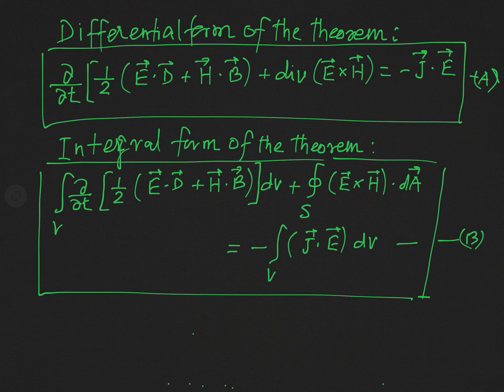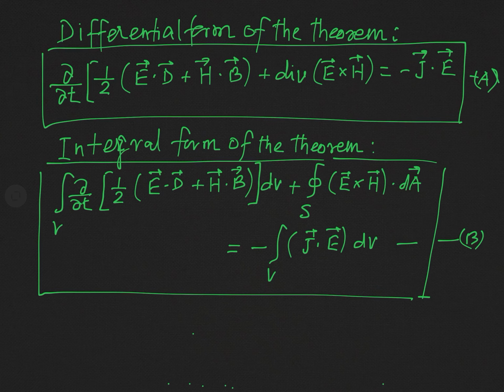So what is the differential form of the Poynting theorem? This in fact is ∂/∂t of half (E·D + H·B) plus divergence of E × H equal to minus J·E. I hope you know the meaning of each and every term. You know E is electric field, D is electric displacement, H is magnetic field, and B is magnetic induction. And this J is actually the conduction current density.